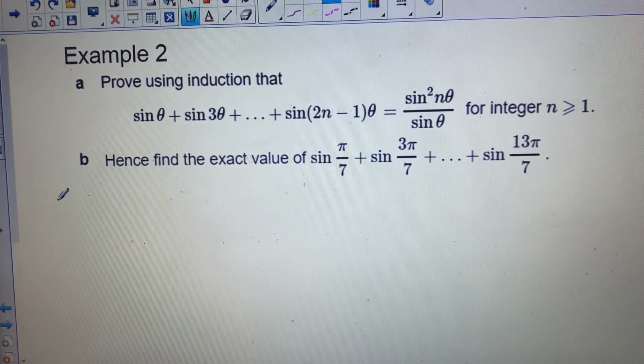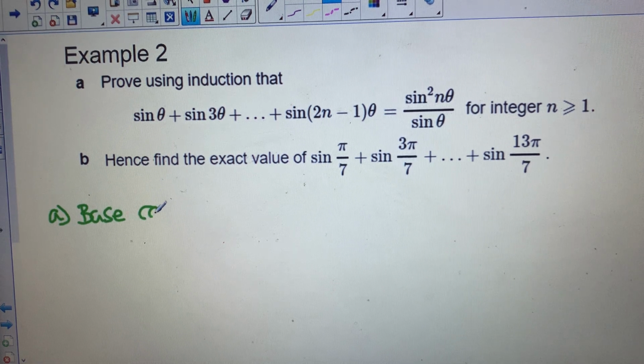So of course, the first thing you're going to do is your base case, and hopefully that's really straightforward. You can see that this is a summation, so I'm going to write this as going from r equals 1 to n.